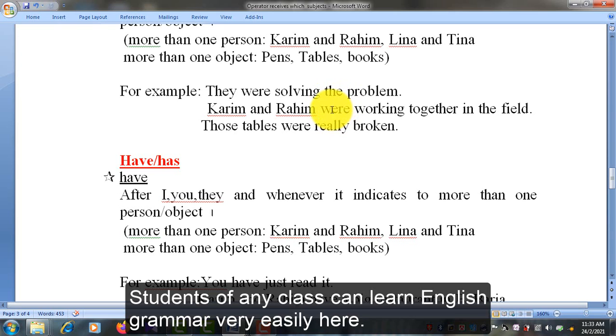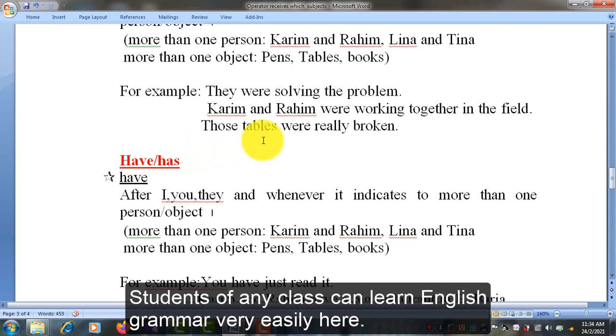Okay, that means the operator where is used after these two persons, more than two persons. More than one person or more than two persons, any field, in any field you can use where.